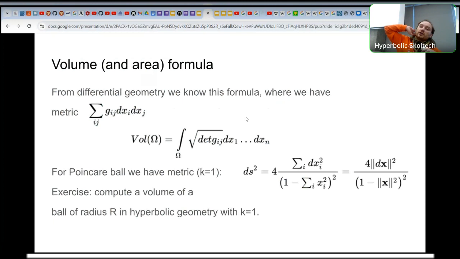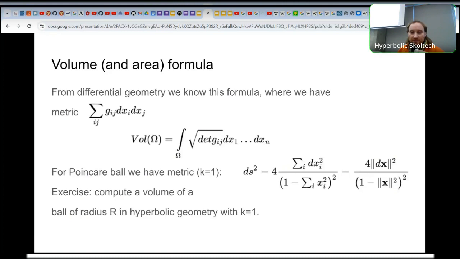So how to do this? When you have a metric tensor, you can compute multidimensional volume as an integral over the domain you are calculating, of the square root of the determinant of the metric matrix. Okay.